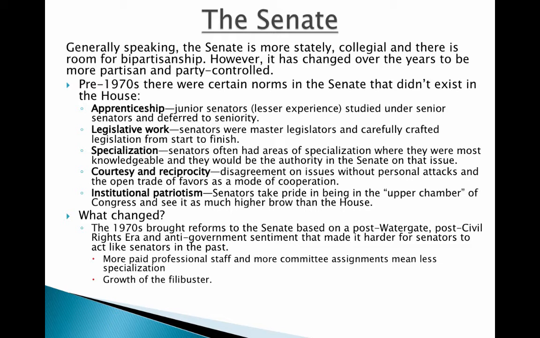Legislative work is another. Senators were master legislators, and they carefully crafted their own legislation from start to finish. And this coincides with the next one, which is specialization. They often had areas in which they specialized.